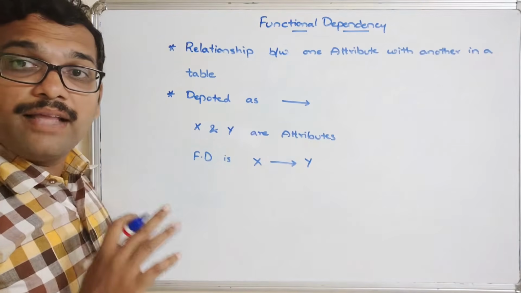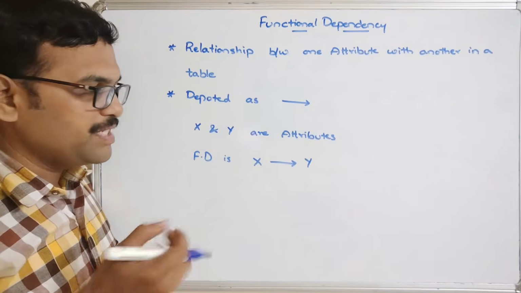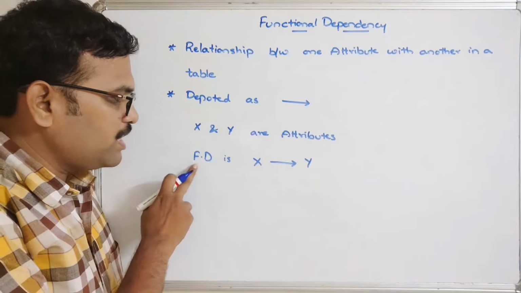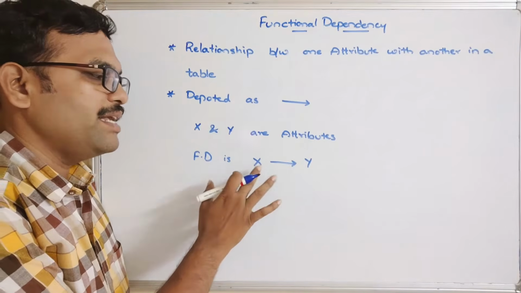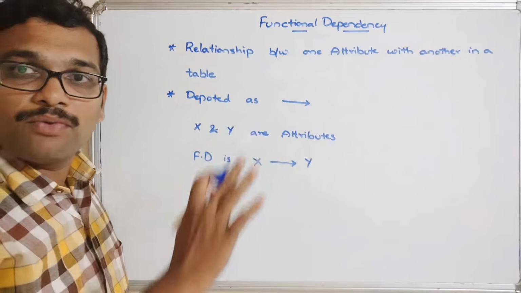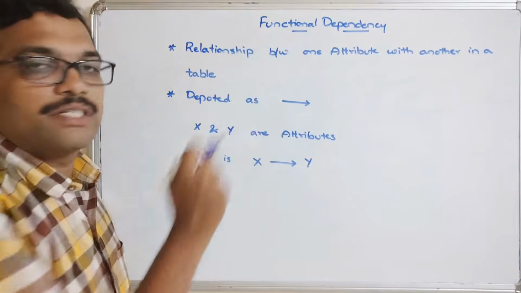If x and y are the attributes of a relation R, that means a table, then the functional dependency is represented as x tends to y, x arrow mark y. Here the arrow mark represents the functional dependency.